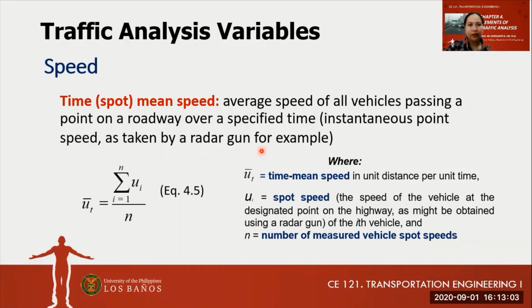If you have seen a radar gun on a highway, every time a vehicle passes, then it can take the speed, the running speed of that vehicle. So the time mean speed, UT, is equal to the summation of the speed i of the vehicles from the first one to the nth one divided by the number of vehicles.